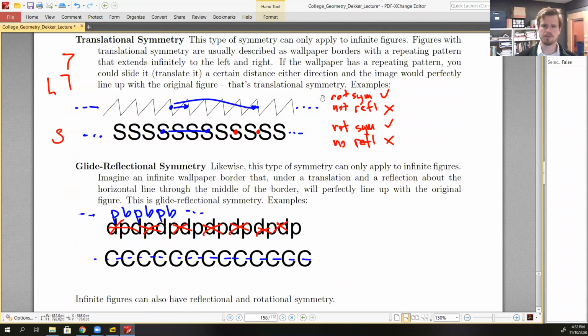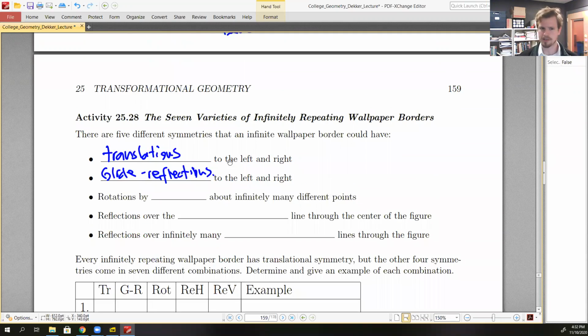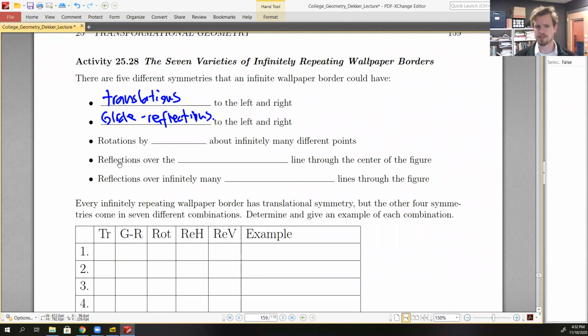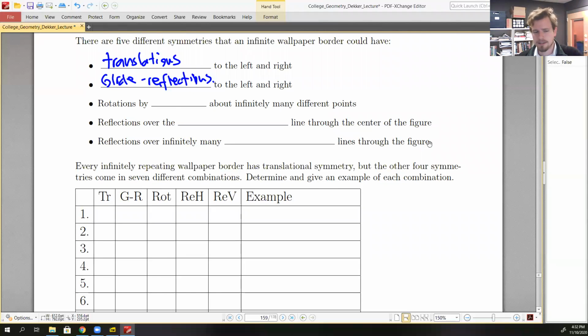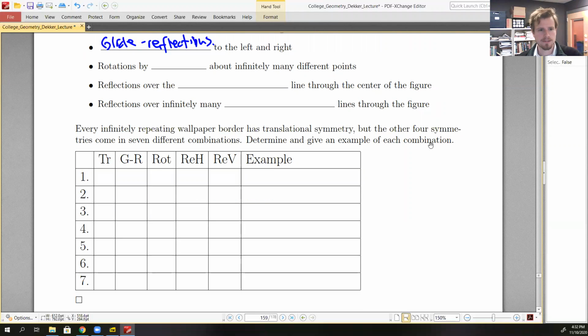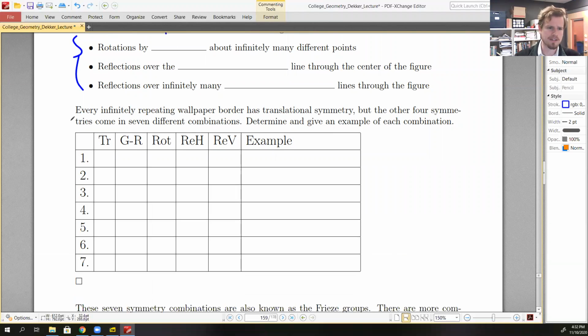There are some examples of rotational symmetry. We looked at those here. There are reflections through, well, look above, it discusses the reflections. And then we can combine these. So I'll let you fill these in as well as these.